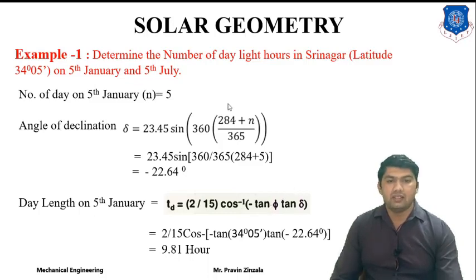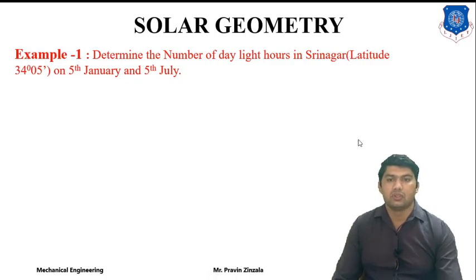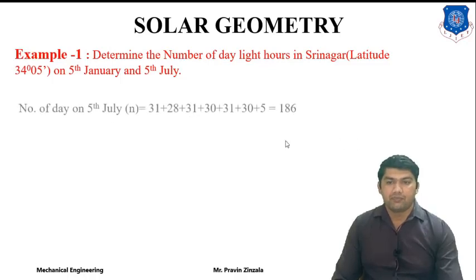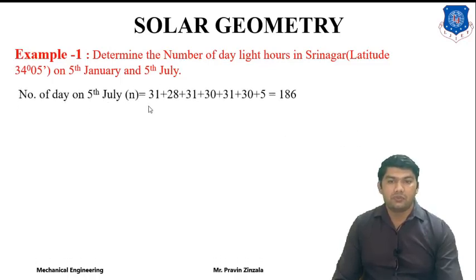The same we can calculate for 5th July. The number of the day on 5th July is 31 for January, plus February, March, April, May, June, and 5 days of July. So the total number of days is 186.